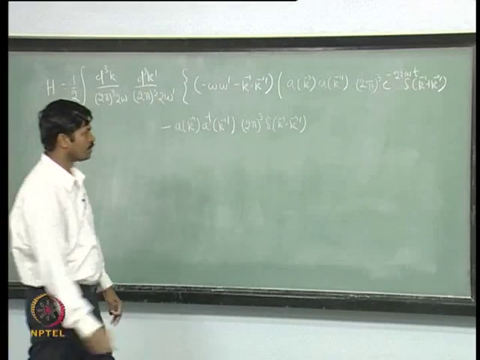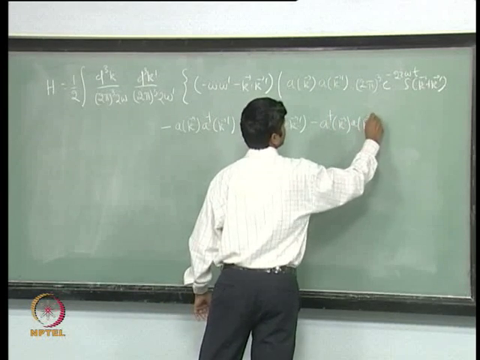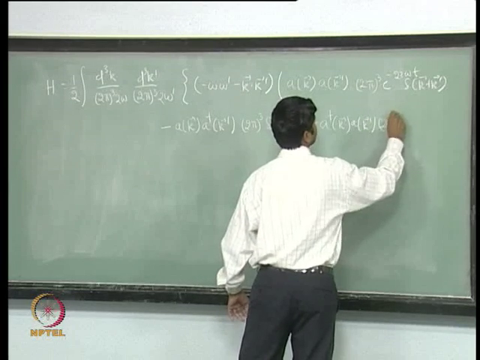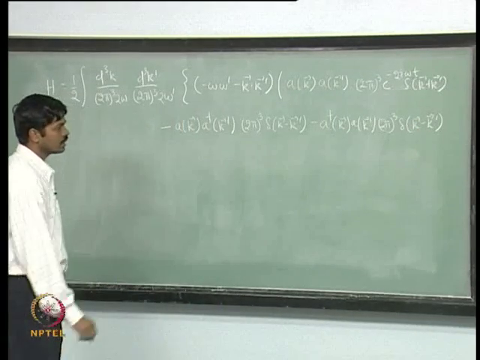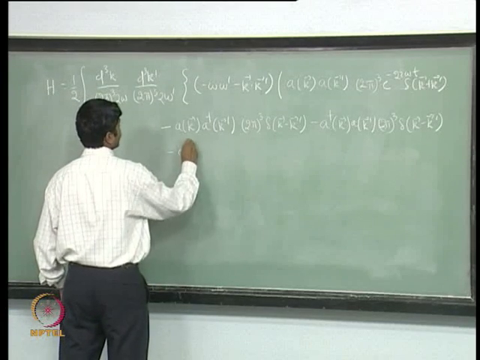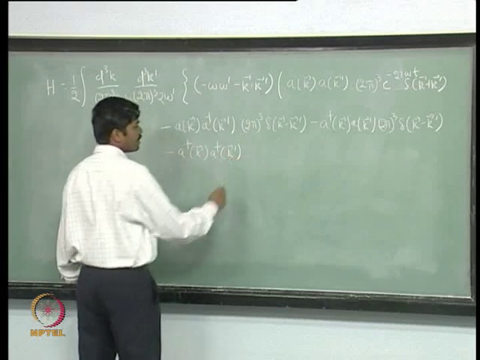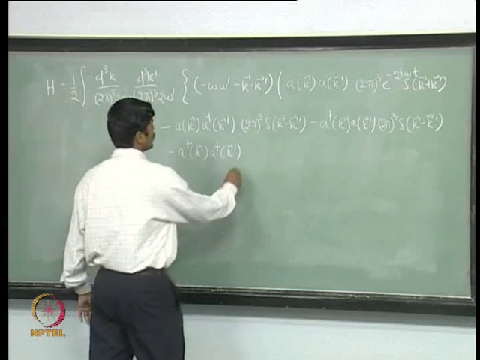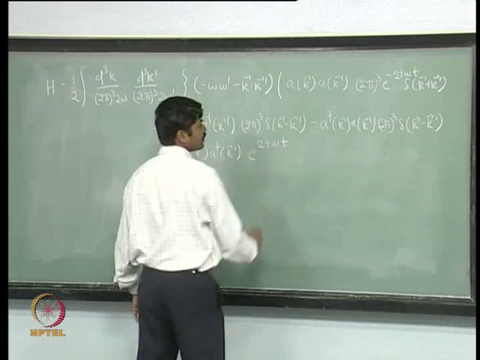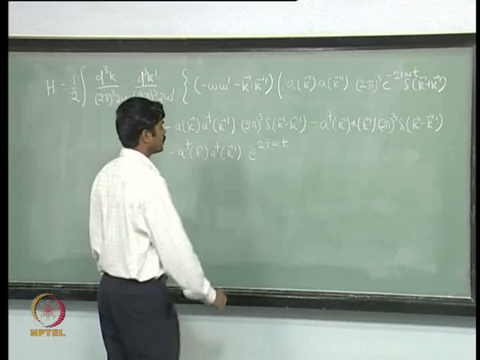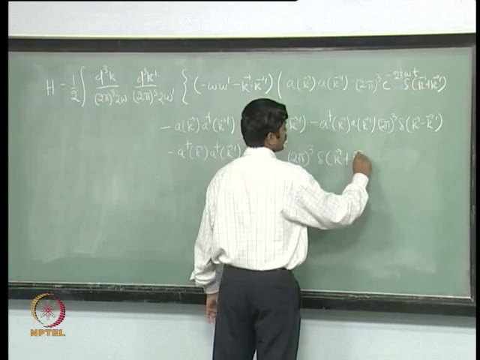Then I will get minus a dagger k a k prime, again 2 pi cube delta of k minus k prime, and finally the last term, minus a dagger k a dagger k prime e to the power 2 i omega t 2 pi cube delta of k plus k prime.